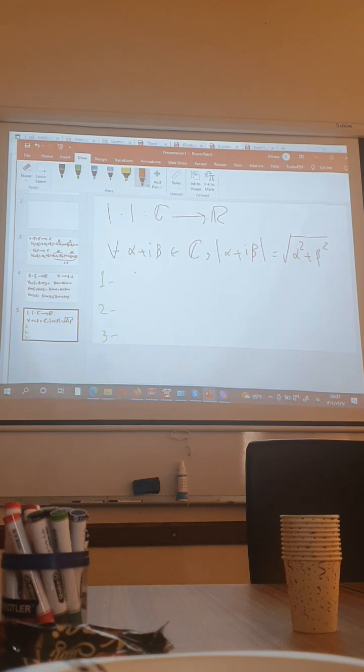For property 1, it is very trivial that for any element, you can write it as z, or simply by z, equal to this. For any z in complex numbers, this is a non-negative real number, okay?